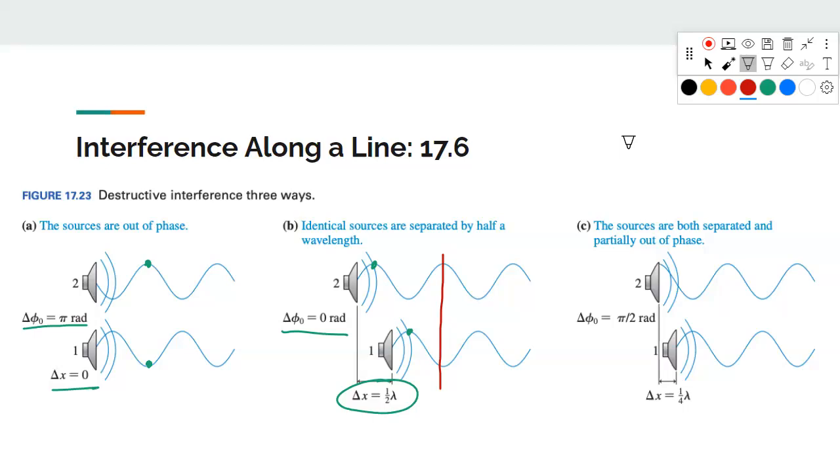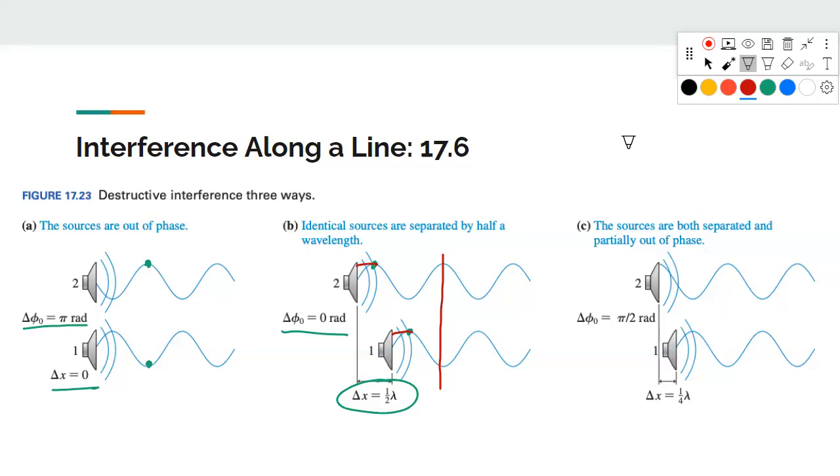And so you can see, even though the waves, when they've left the speaker, are synchronized, because of this delta x, which is in this case 1/2 of a wavelength, speaker 2's sound has to travel half a wavelength farther before it gets to that same position as the waves from speaker 1. And by traveling half a wavelength farther, that wave is now out of phase.